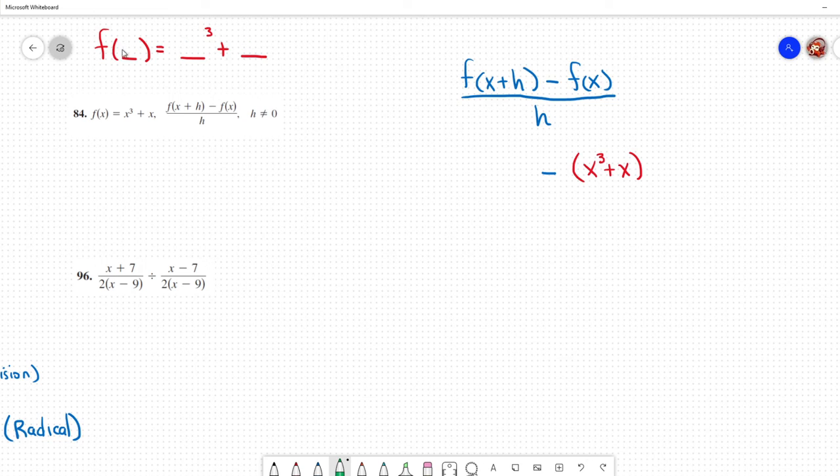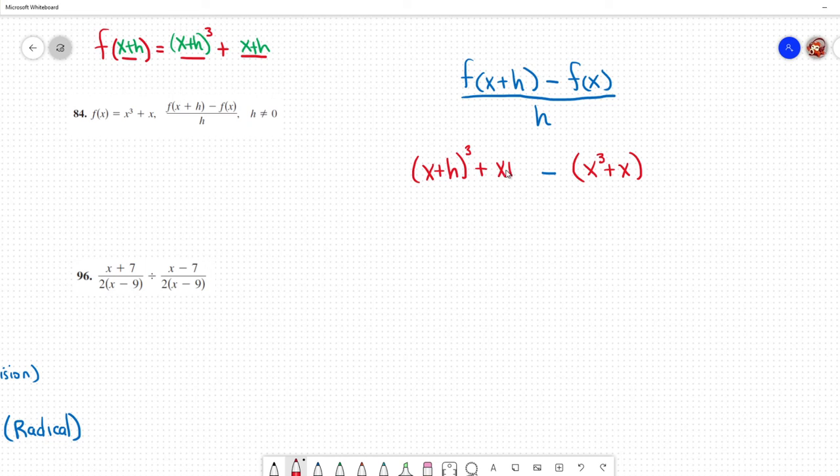So now what happens? Oh, f of x plus h. What is it going to be? x plus h cubed plus x plus h. There you go. And that's exactly what we're going to substitute here.